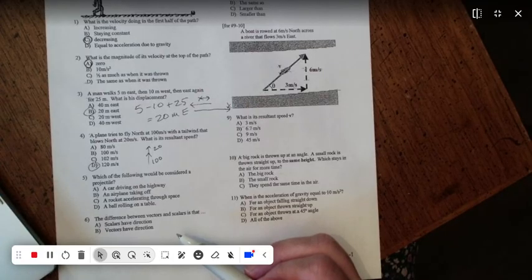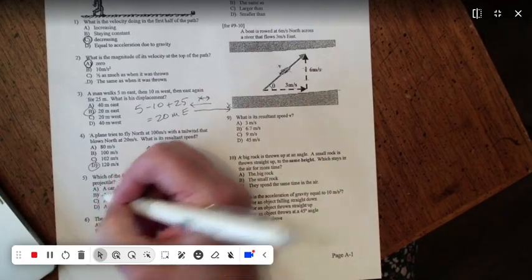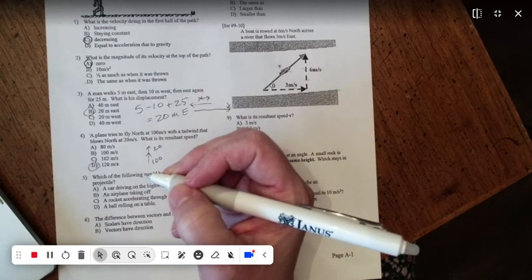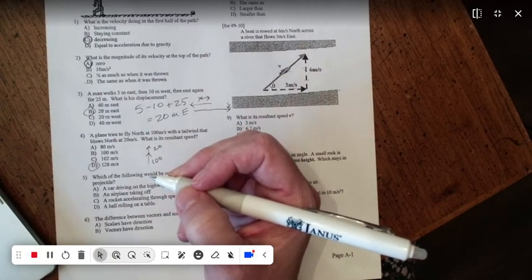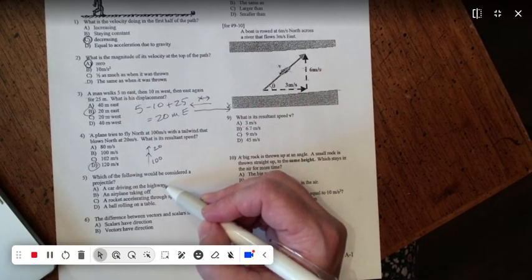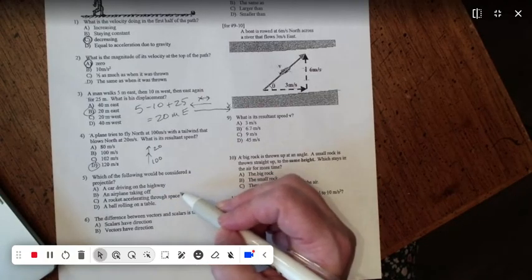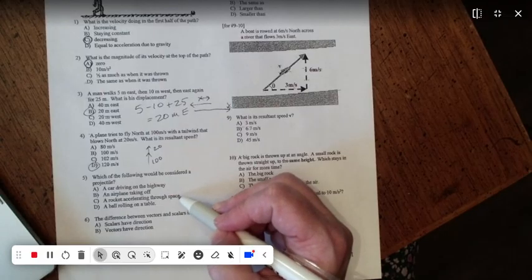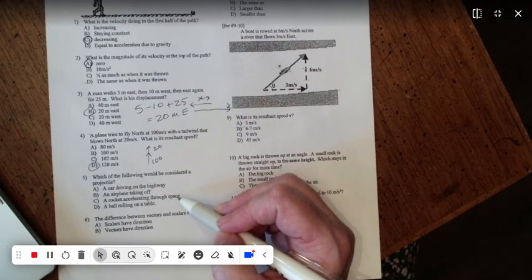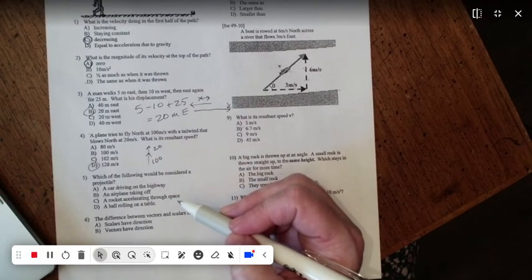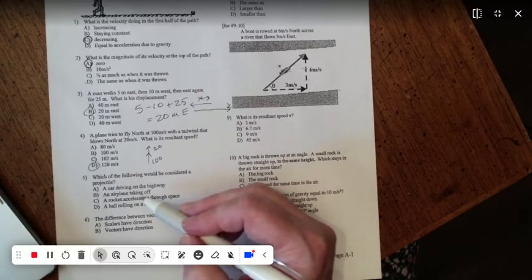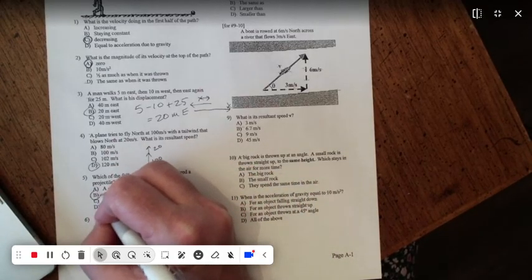So I would say an airplane taking off could be considered a projectile if we don't think about the other forces. The car is on a highway, it's not in free fall. The ball is also not in free fall. The rocket in space, there's not going to be gravity, depending on where it's at. So I don't know, the airplane's the closest thing.